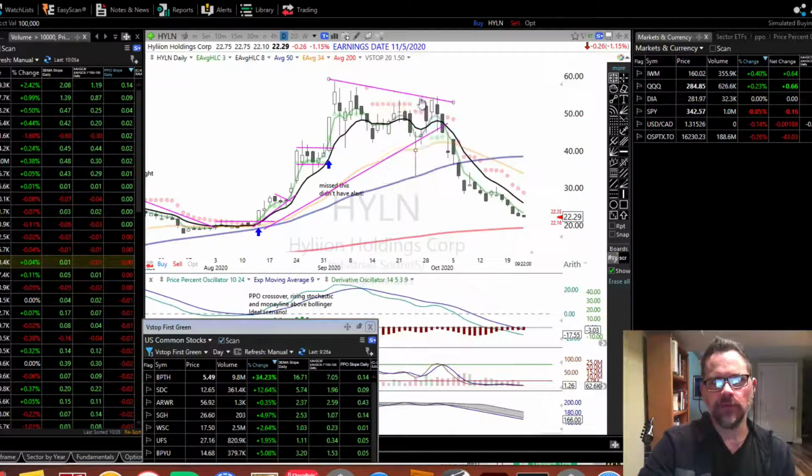And I've got this line showing that we have lower highs. We had a high here and then it never made it up to that high again. That's a bad sign. And once you're down below this 8 EMA, you can see now we're just in this downtrend. So I definitely wouldn't be buying this one. We're in a pretty steep decline here.